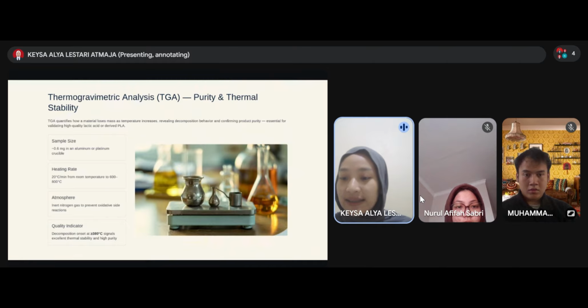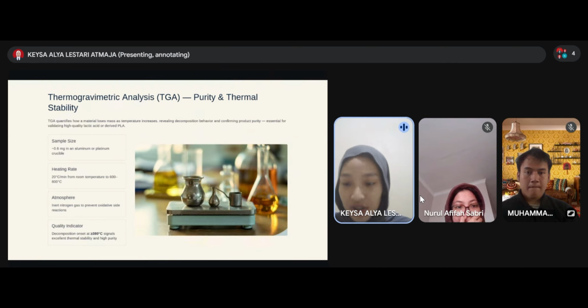And then, at this stage, thermogravimetric analysis, or TGA, is used to evaluate the material purity and thermal stability. TGA measures the change in mass of a sample as the temperature increases. This allows us to determine the decomposition behavior and thermal stability of the material.